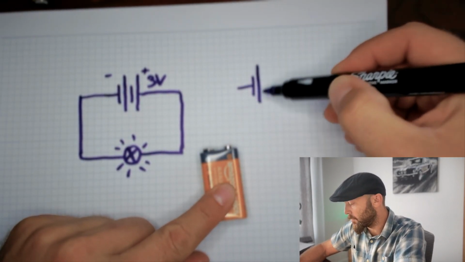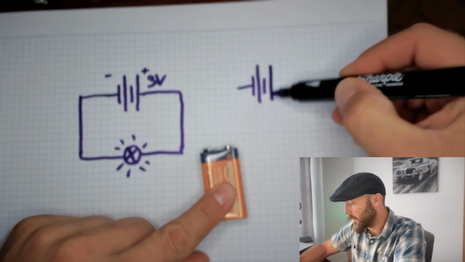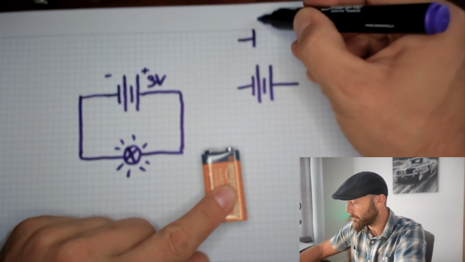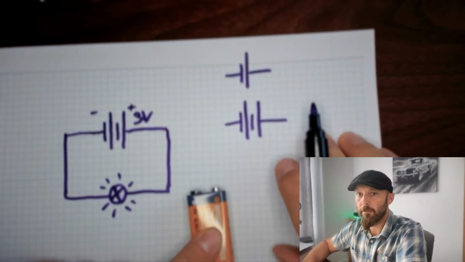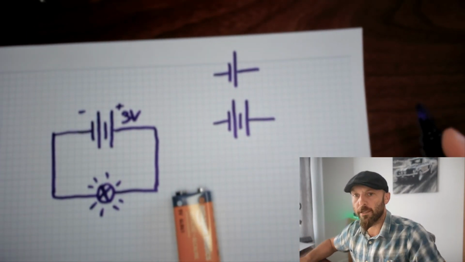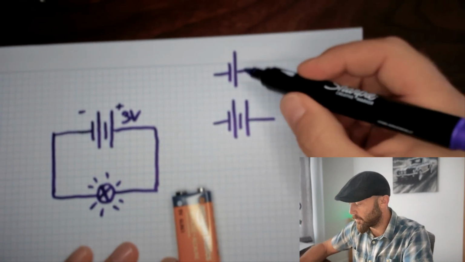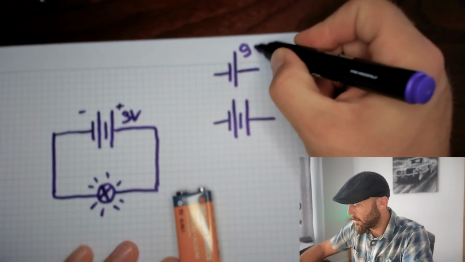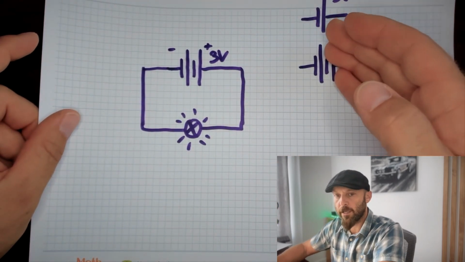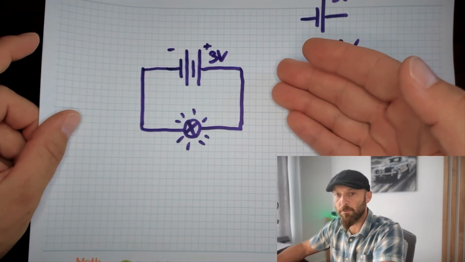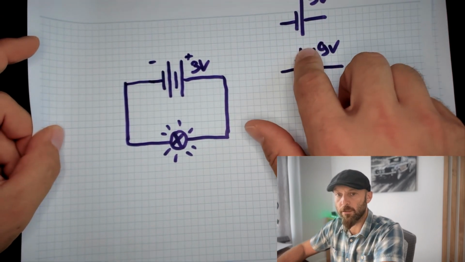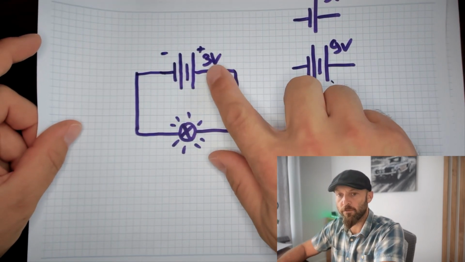Technically, you don't need to care too much about the representation, whether it's a double or a single cell battery, because what you really care about is the voltage.